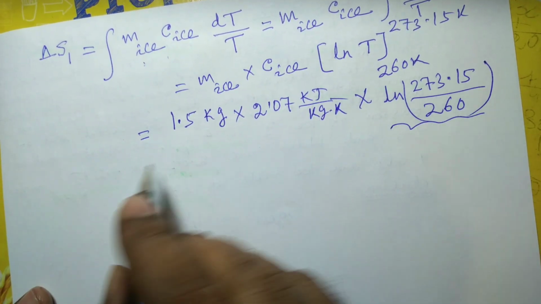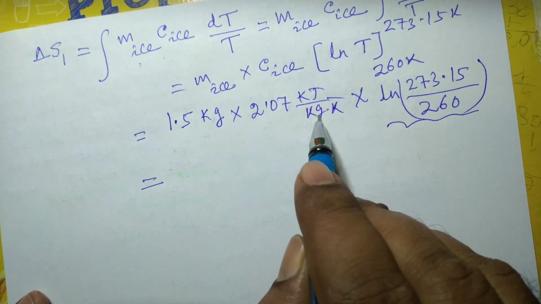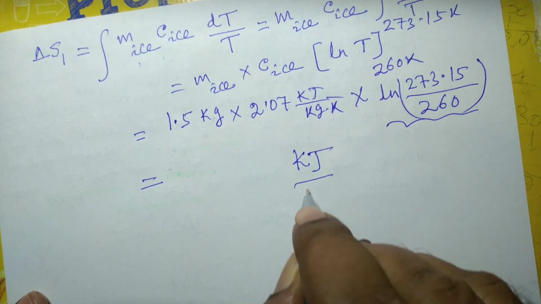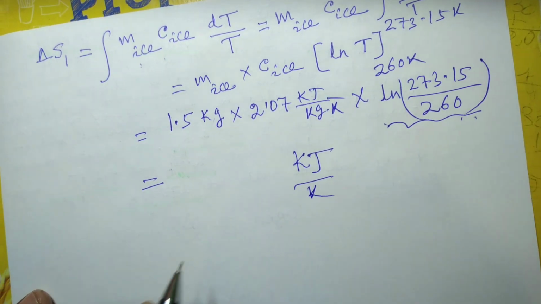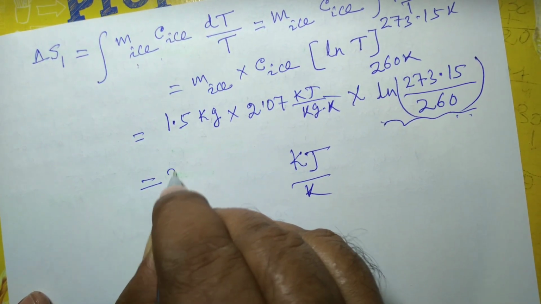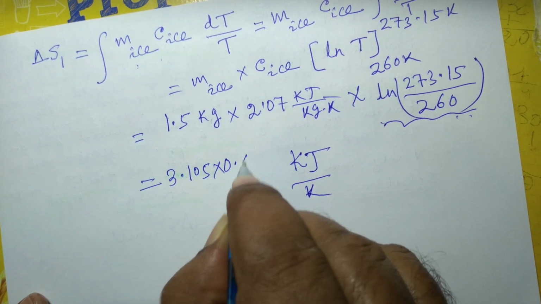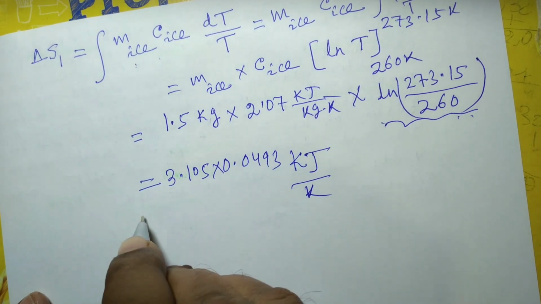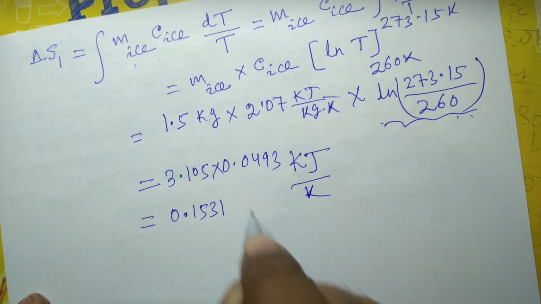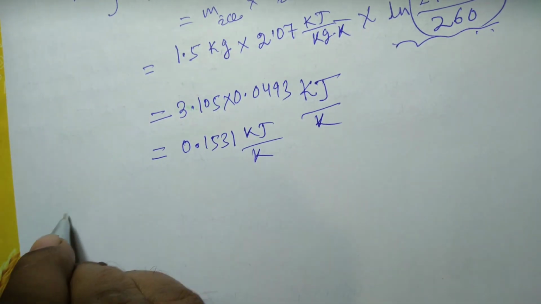So on multiplying, the kg cancels out, the unit will be kilojoule per Kelvin, because this term has no units. So now the answer is 3.105 multiplied by 0.0493. This is equal to 0.1531 kilojoule per Kelvin.